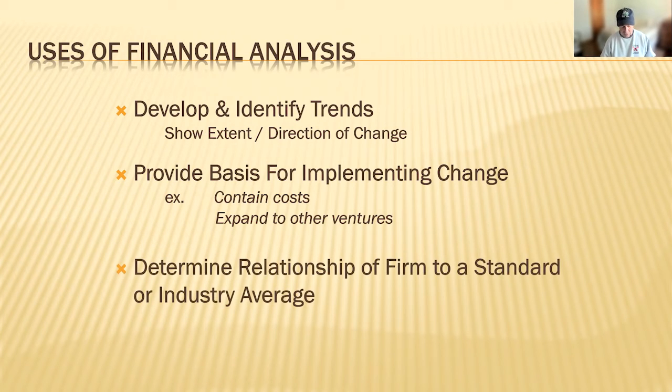It also helps in financial analysis to determine the relationship of the funeral home to a standard or an industry average. There are various industry publications that provide information based on size, because they'll break it down from a fairly small firm to a medium-sized one, to a larger one, to much larger.